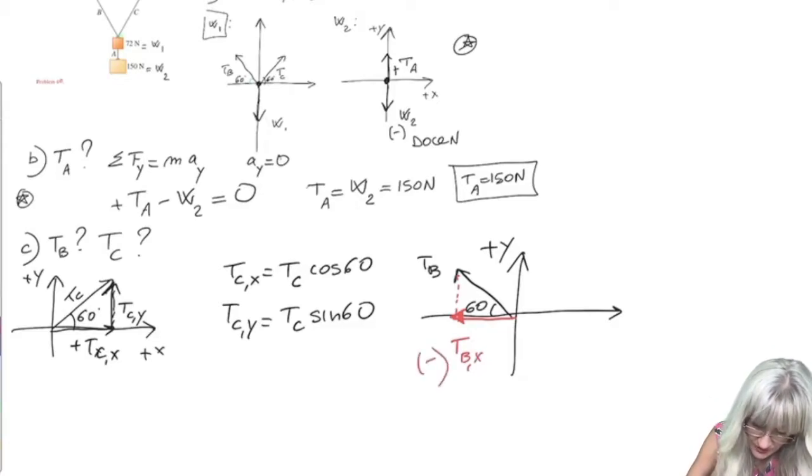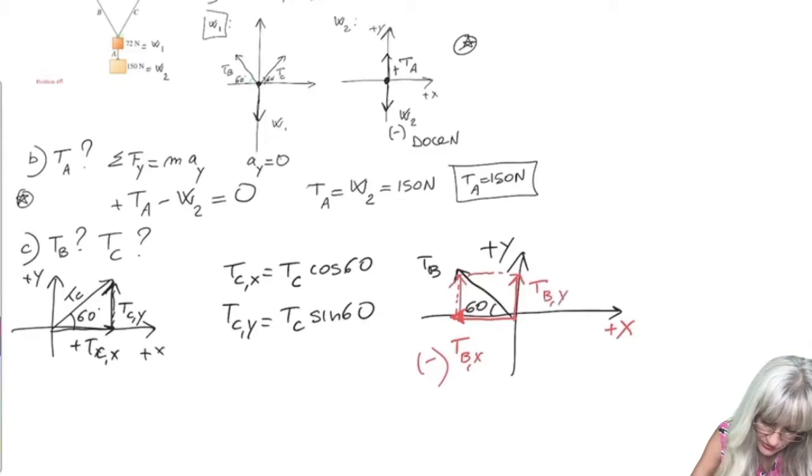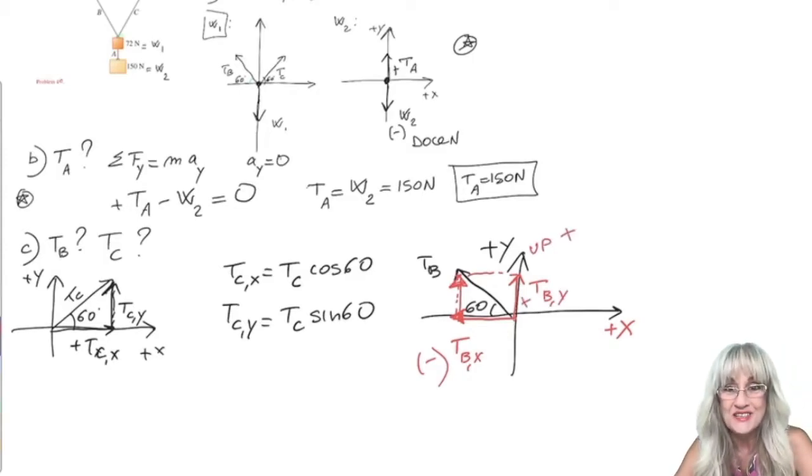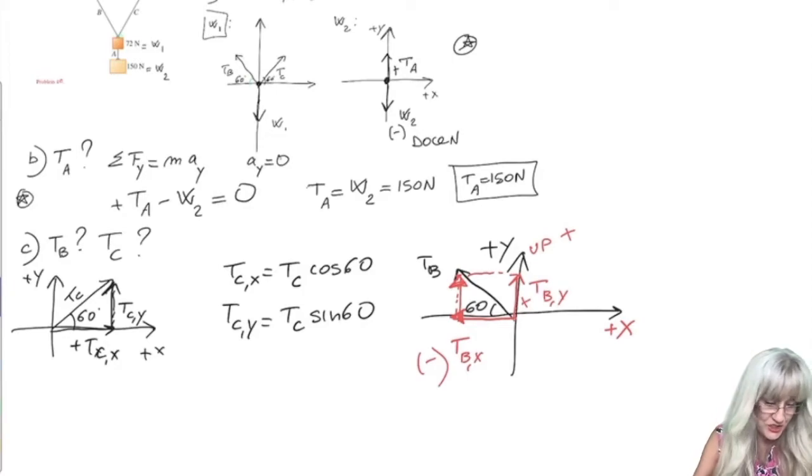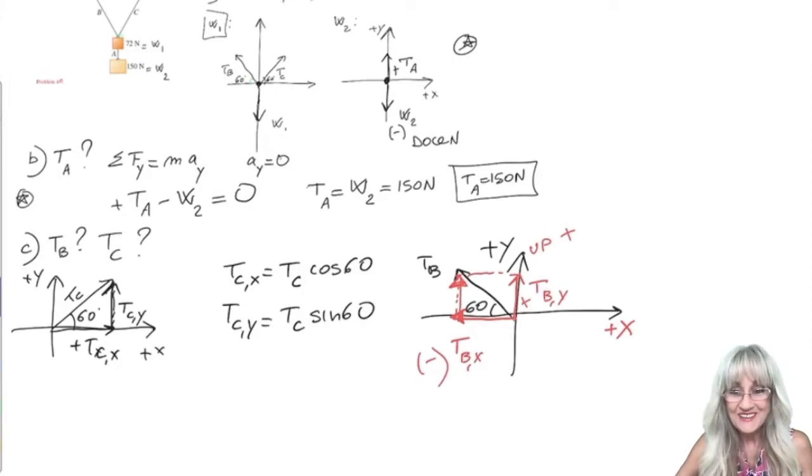Negative, because the positive x-axis is opposite. And this one will be component B on the Y, which you can also see. Since up is positive, this one is positive also. Just a quick recall, you already know.